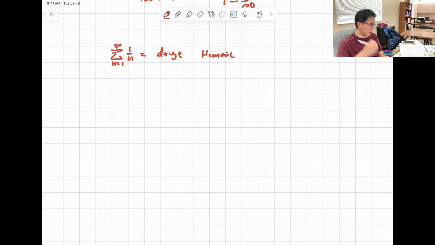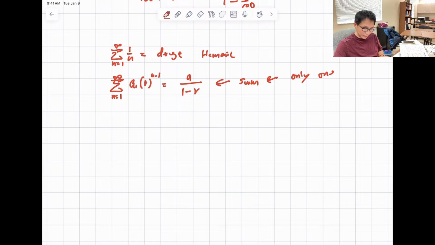We also have the geometric series, the summation from n equals 1 to infinity of a_1 times r to the n minus 1, which equals a over 1 minus r. This is the only one that has a sum.